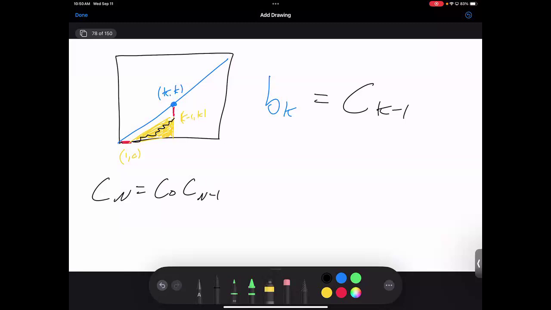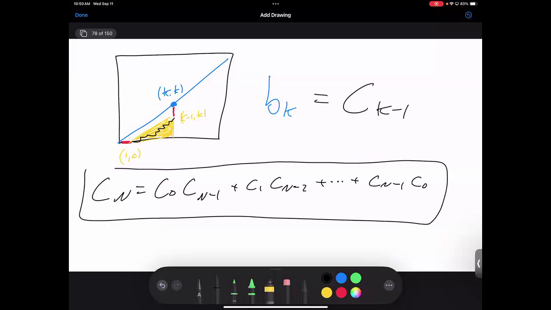Notice that the indices sum to n-1. Plus C1 C_{n-2}, plus all the way down to the last one, which was Bn, which becomes C_{n-1} C0. We now have a recurrence relation for the Catalan numbers using only the Catalan numbers. We introduced this auxiliary recurrence relation B, but we end up removing it at the end of the day.